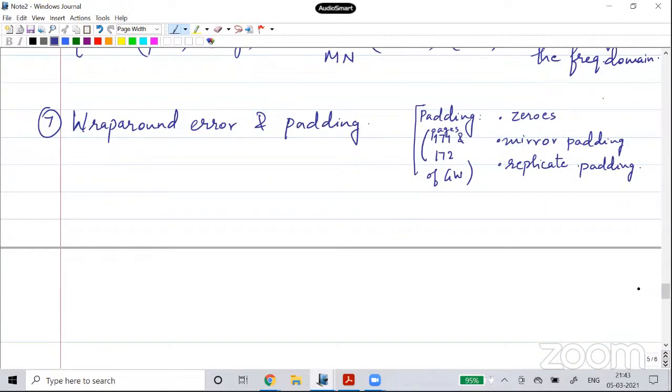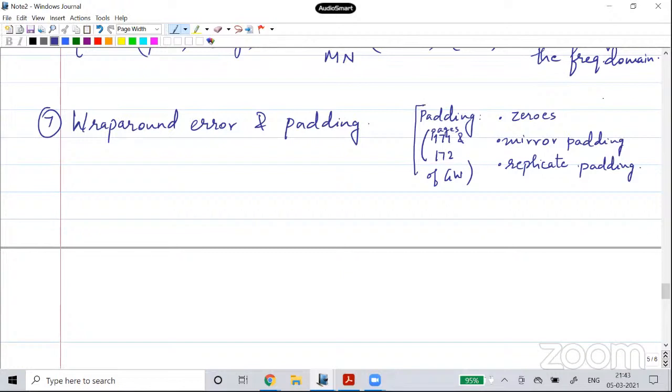So the wraparound error happens because, one wants to consider the following. Ultimately, what we are interested in is the result of convolution in the spatial domain, right? That is where we are going to essentially analyze the images.